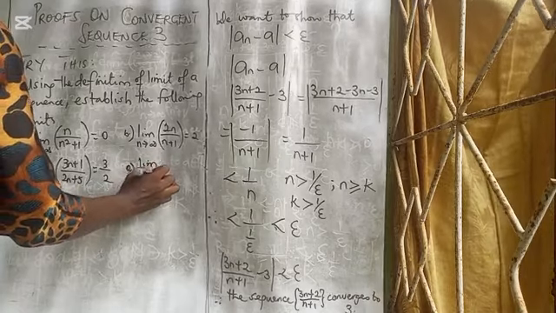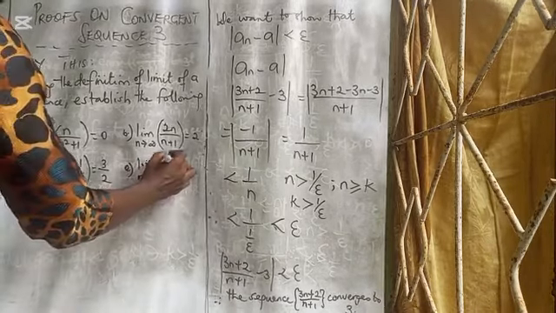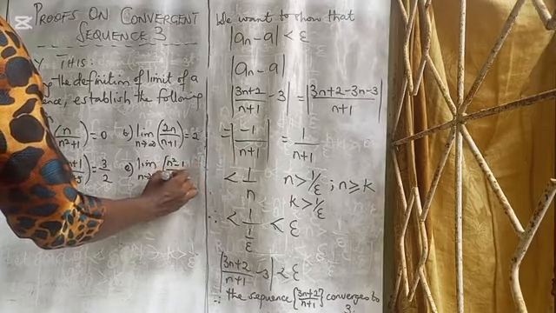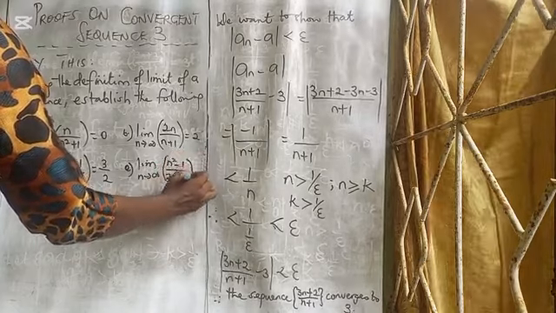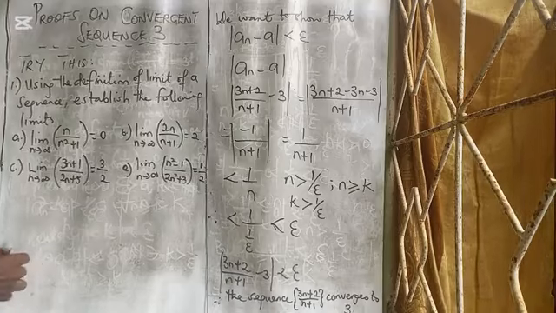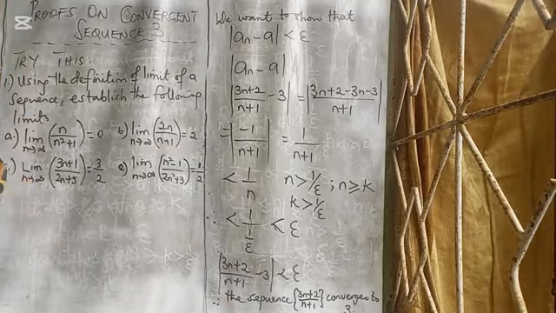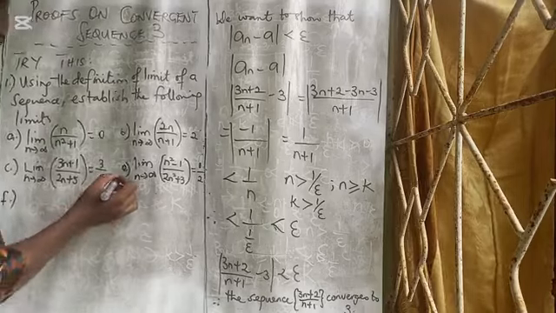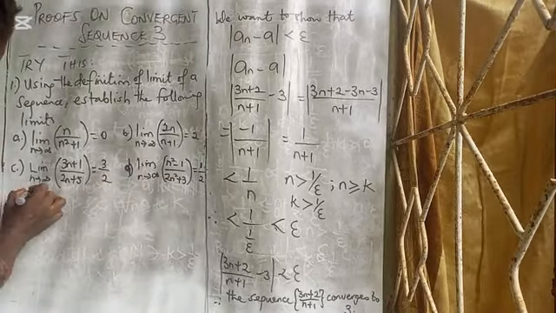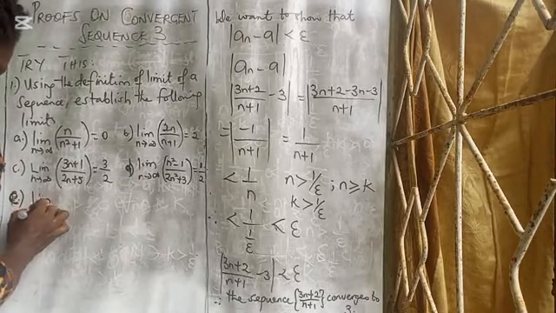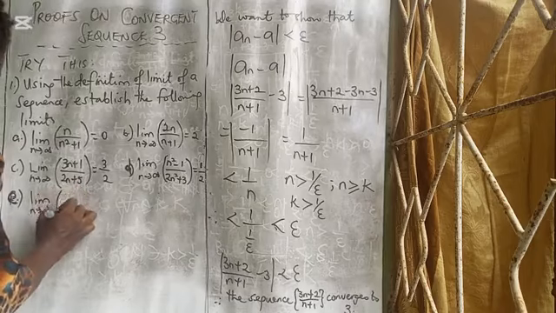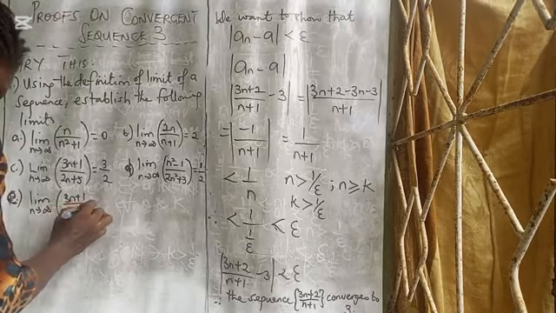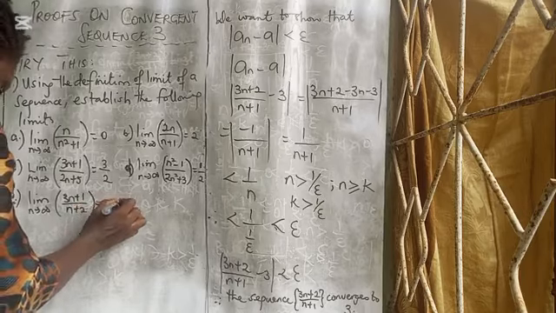Limit as n tends to infinity of n squared minus 1 over 2n squared plus 3 is equal to 1 over 2. Limit as n tends to infinity of 3n plus 1 over n plus 2 is equal to 3.